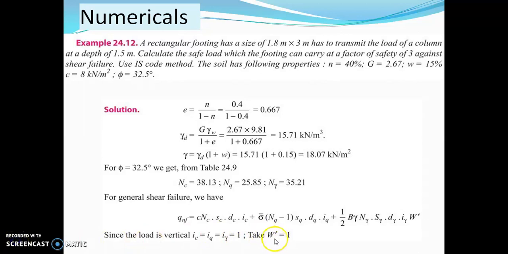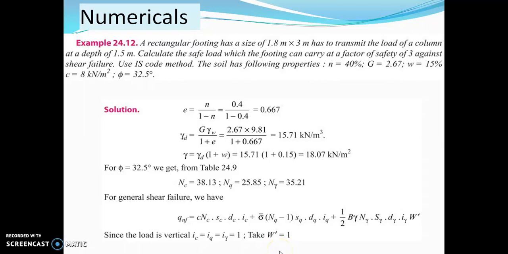Now why do we take W dash is equal to 1? Again, go to your code, clause 5.1.2.4. Now W dash is something that depends on water table. There is no mention of where the water table lies. So what we will do, we will just assume that it is very, very deep inside. It is not going to affect our footing.